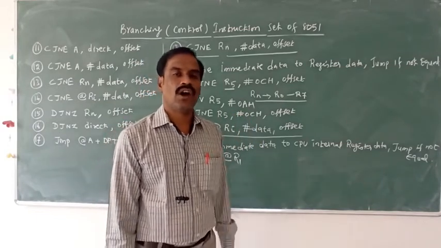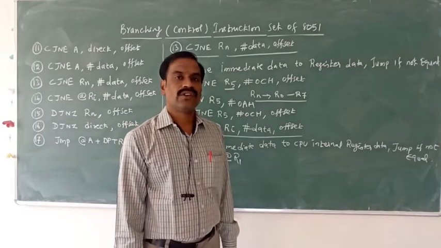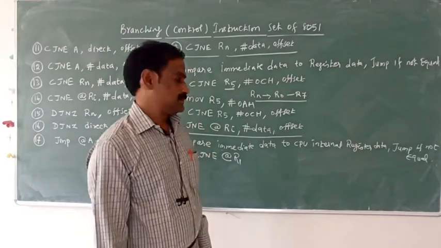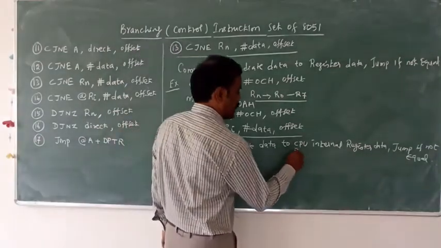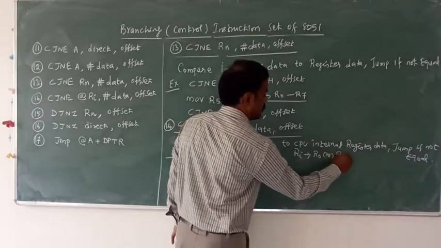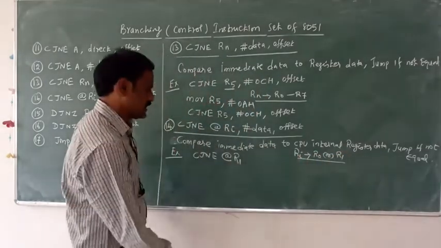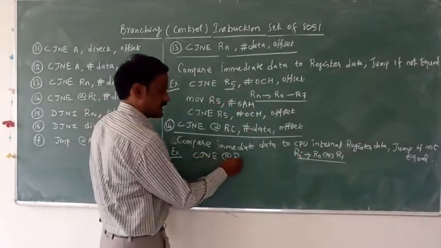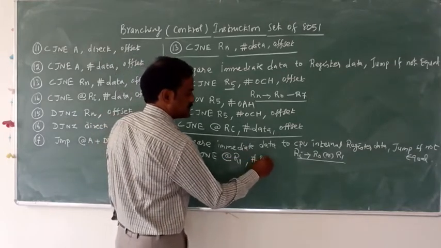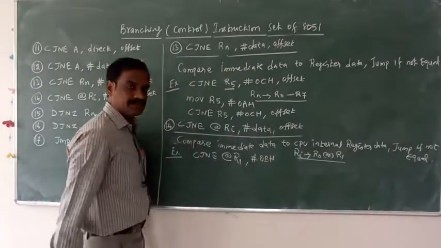R2 to R7 we cannot use. Ri means internal register R0 or R1. Okay, we have CJNE @R1, #0BH, the immediately given data.